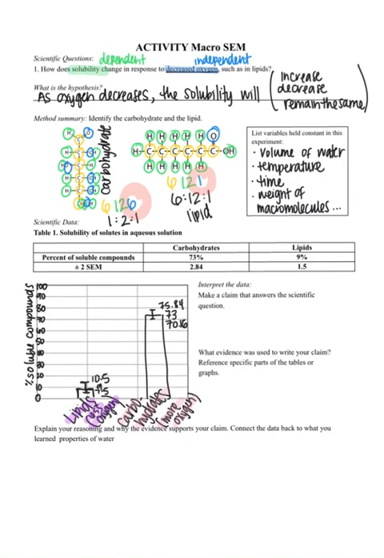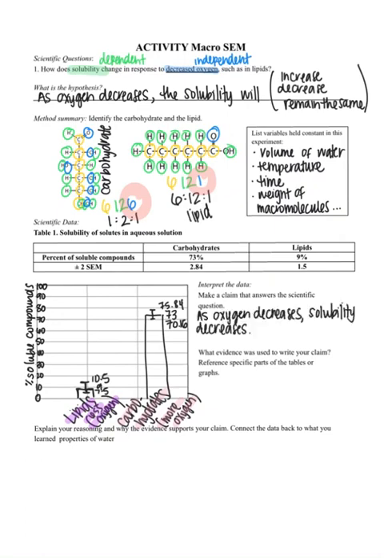So carbohydrates that have more oxygen are more soluble than lipids, and we can see that there is a statistically significant difference. So my claim, based on this data, would be, for the question asking about decreased oxygen, that as oxygen decreases, like in lipids, the solubility decreases as well.